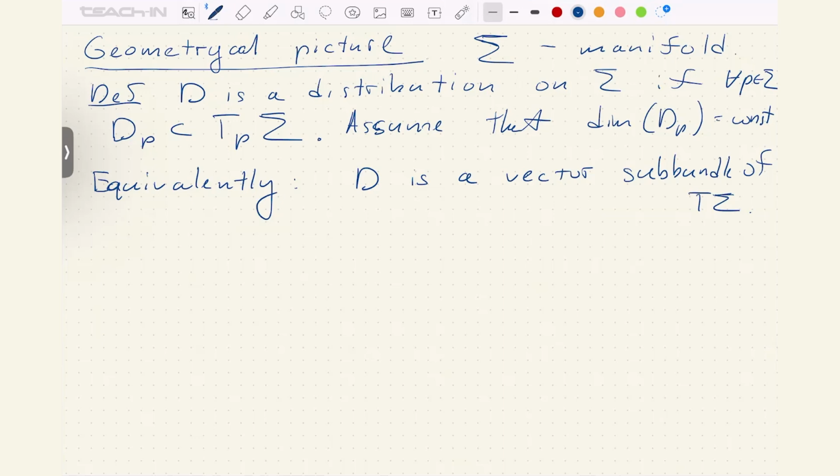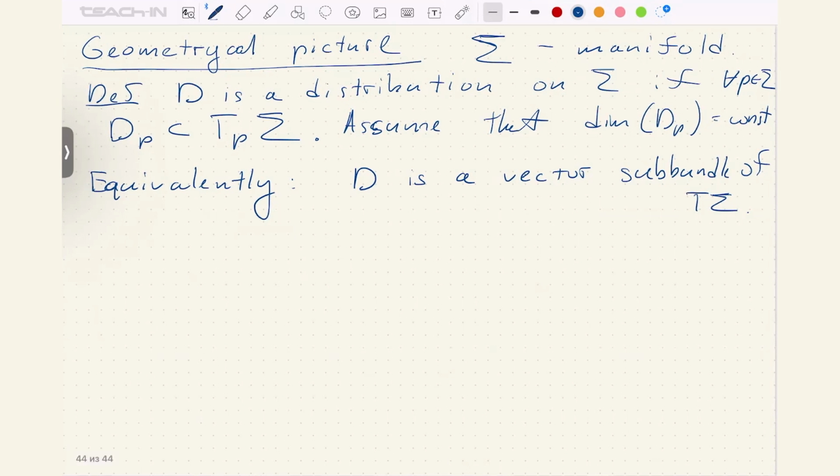So the fiber over each point of sigma is just the tangent space at this point, and D is just a subbundle, right? So at each point there is a subspace. It's just an equivalent reformulation. But if we speak about subbundles, the condition that the dimension is everywhere the same is part of the definition, because otherwise it's not a subbundle.